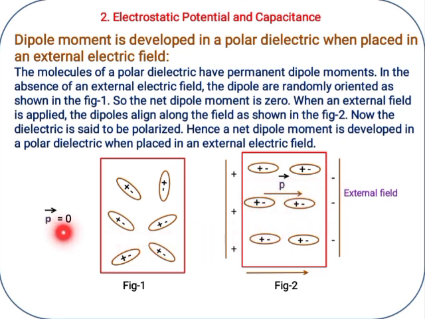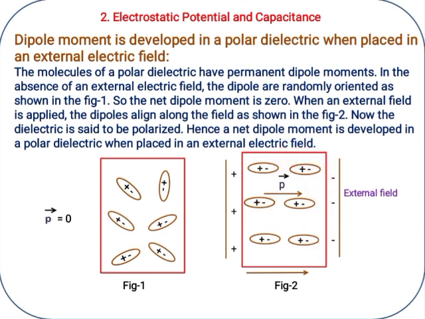In the first case, the dipole moment is equal to 0, P is equal to 0, due to the absence of electric field. The second is due to the presence of the external electric field. In this way, the dipole moment is developed. This process is called polarization.